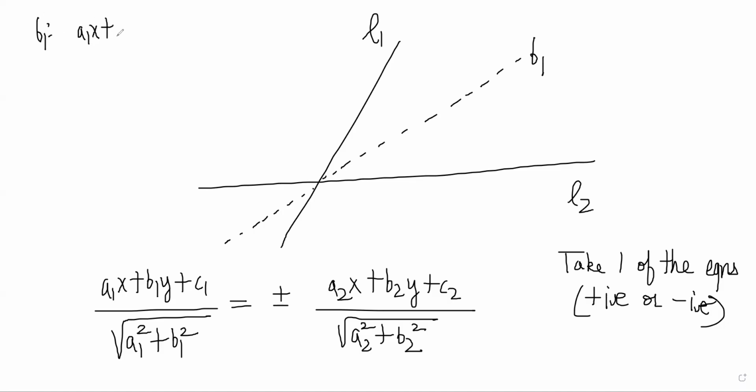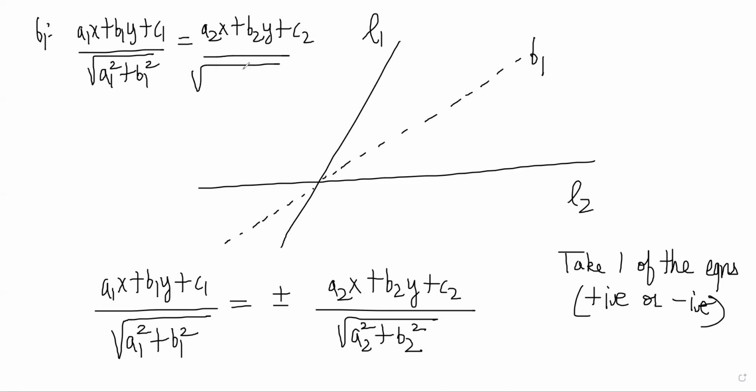B1 is A1x plus B1y plus C1 by root over A1 square plus B1 square is equal to A2x plus B2y plus C2 by root over A2 square plus B2 square, right? Find the angle between this equation and the line L1 or L2. So basically, you're trying to find the angle between the line and the bisector.